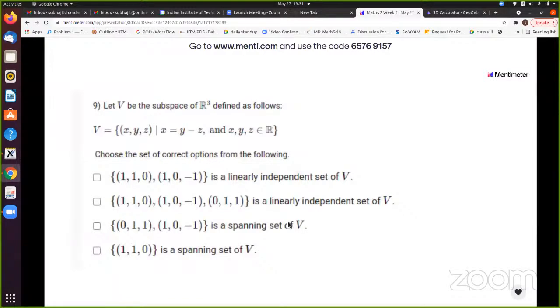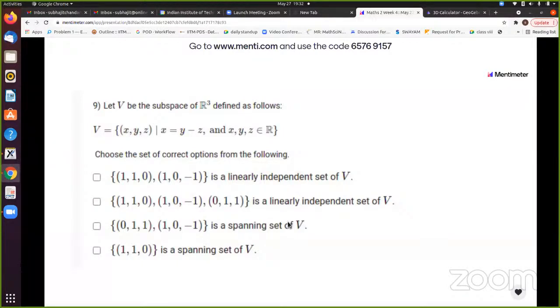A vector space V is given with x, y, z, and there is a relation between x, y, z: x is equal to y minus z. That relation is given. So the first coordinate is dependent on y and z, and eventually those are also related to x. Anyway, one element will be related to the other two. That is the point. Now, four options are given.